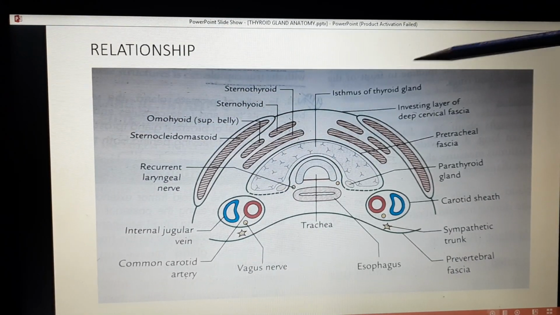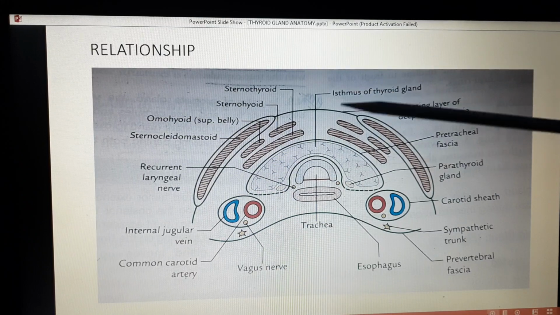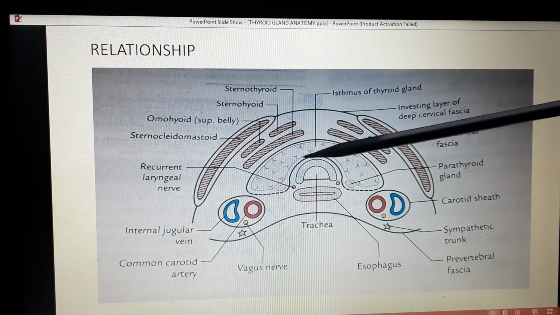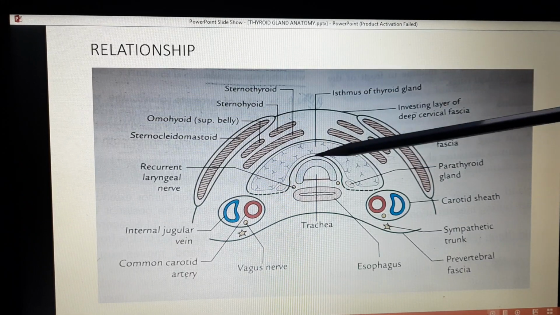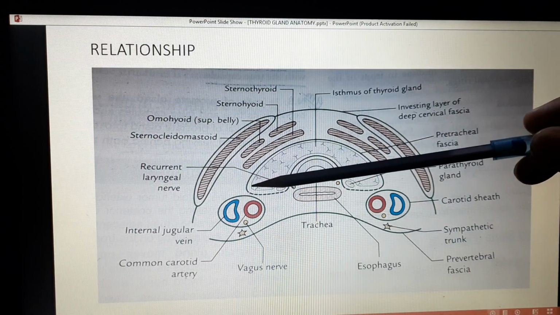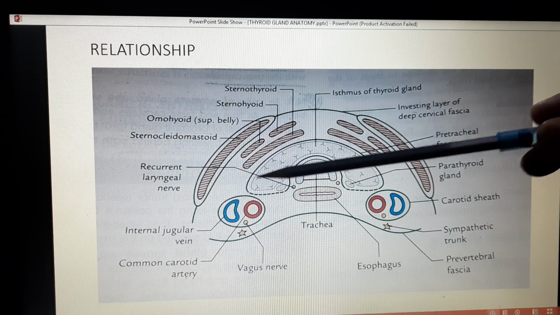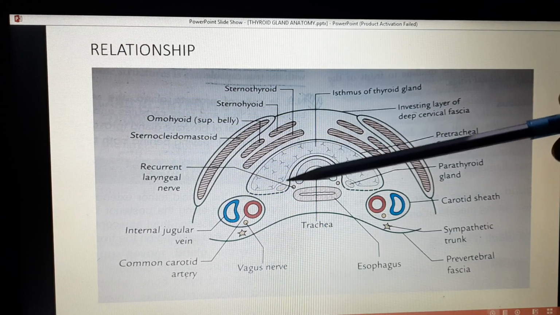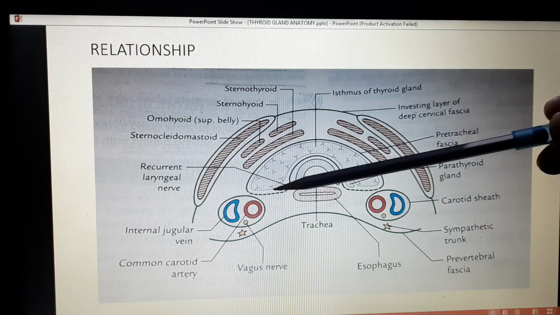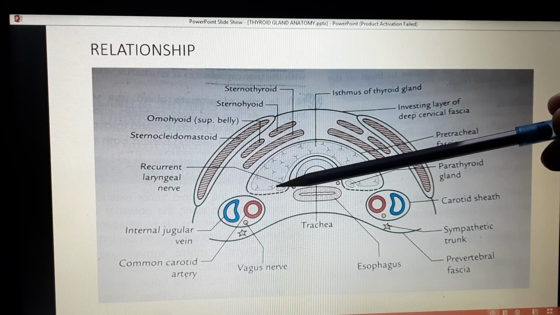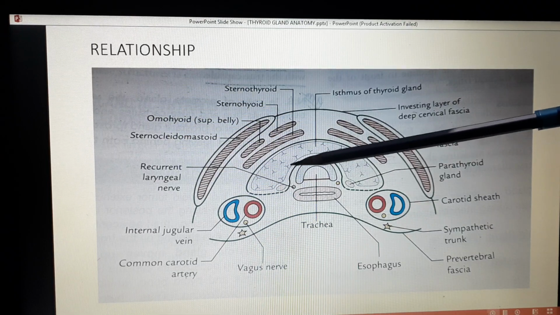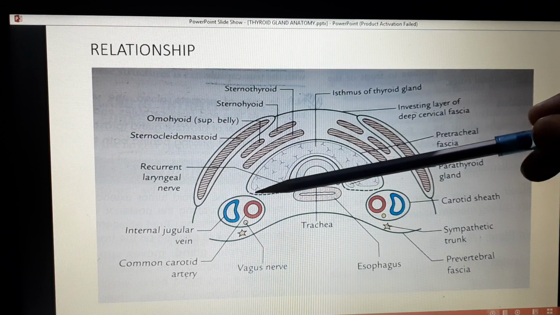So this is the transverse section of the neck at the level of the isthmus of the thyroid gland, and this is the lateral lobe, this is the isthmus, and this is the lateral surface of the lateral lobe, and this is the medial surface, and this is the posterior surface. This is the posterior border. The posterior border separates the medial surface from the posterior surface.